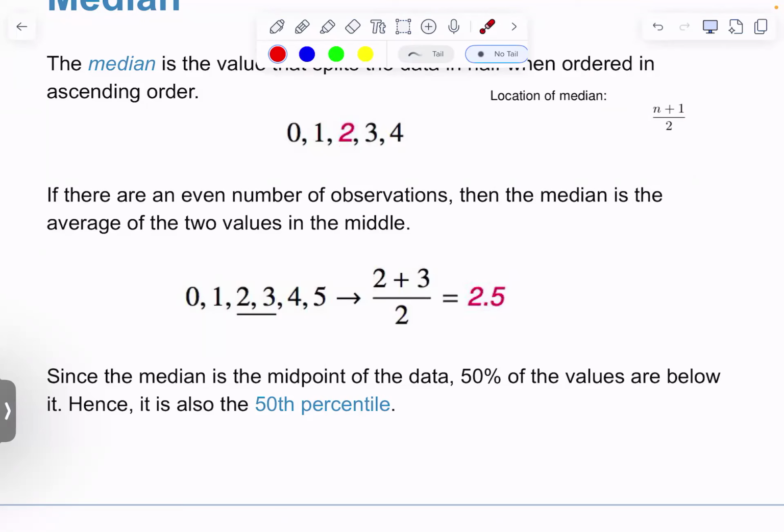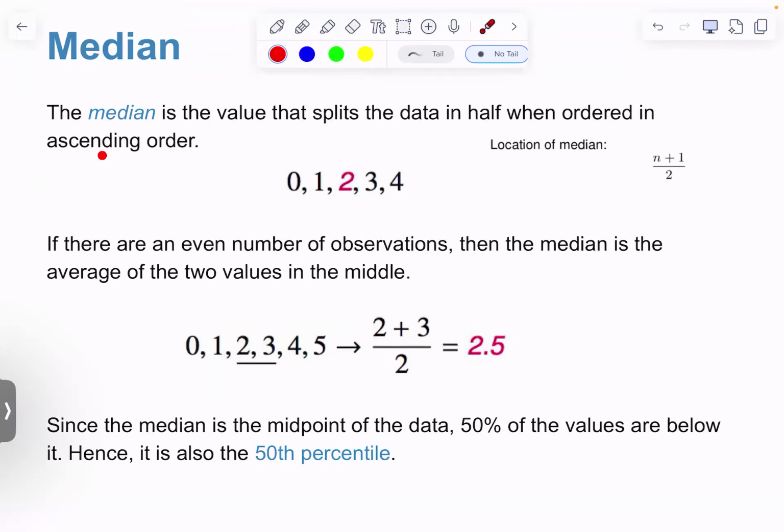I prefer to use my patent pending, although I haven't submitted a patent, so just pending, I guess, boop, boop, boop method. And so what I do, instead of finding the location of the median and then actually going to find the value, is sort the data from smallest to largest.